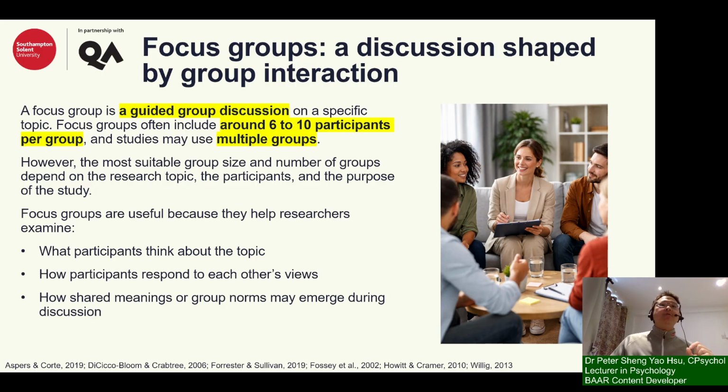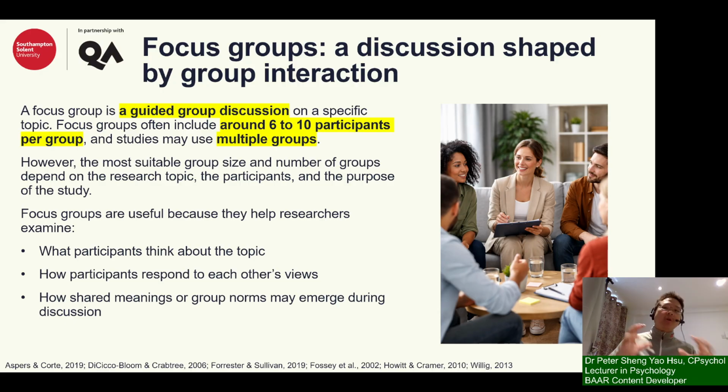Focus groups can also help researchers understand shared meanings or group norms. For example, participants may reveal what is considered normal, embarrassing, acceptable, or difficult within a particular social group. However, focus groups also require careful facilitation.